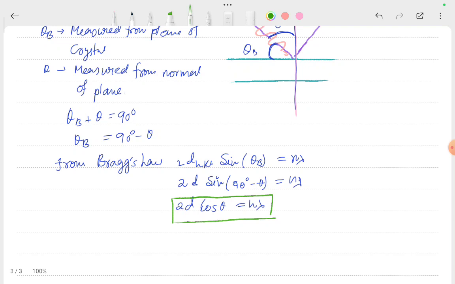But when angle of incidence is mentioned, then Bragg's law is 2d cos theta equals n lambda. And this question is asked in your TIFR examinations. When you solve your TIFR question papers, you will see it. Okay, that's fine. Very good.